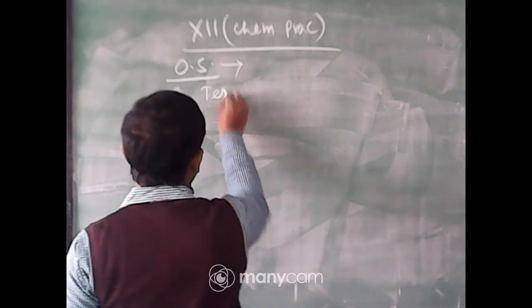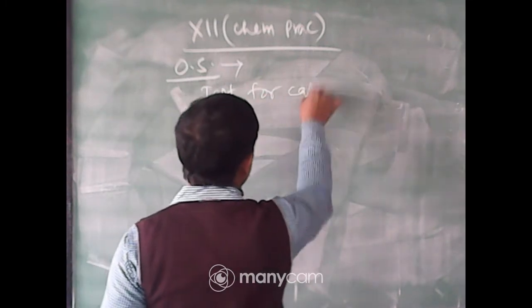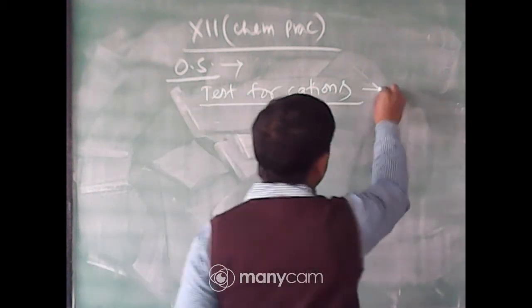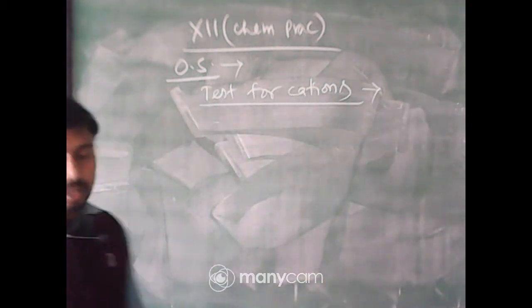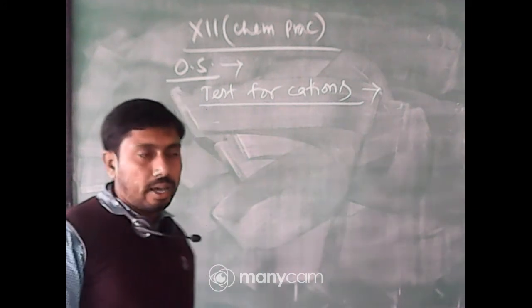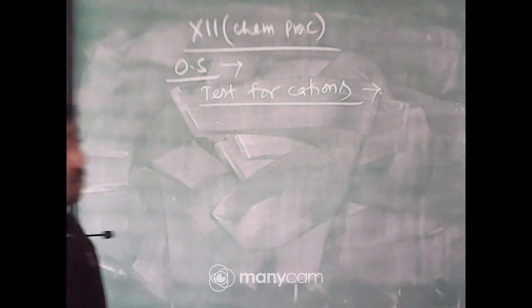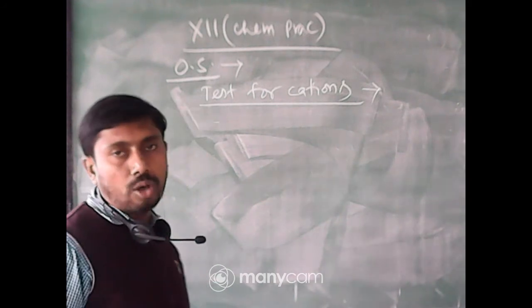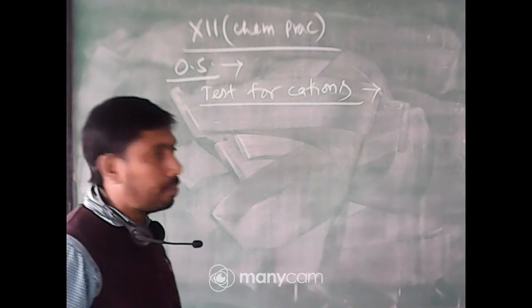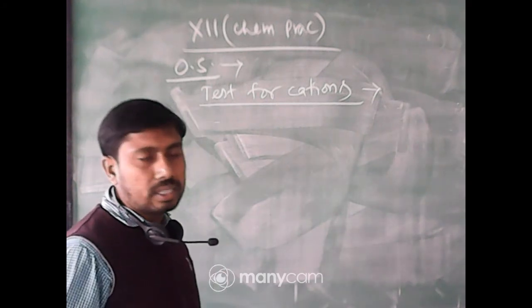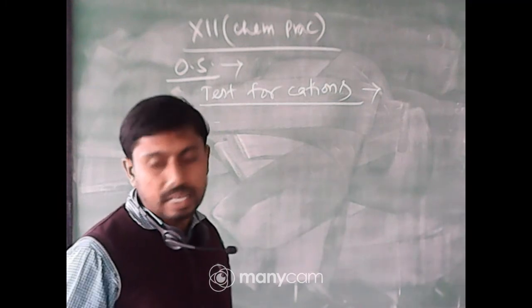Then test for cation. For zinc, it is a bluish white type PPT using the same reagent. Okay, so for iron and zinc there are similar colors, and also copper, using the ferrocyanide. Copper gives a chocolate brown colored PPT, but copper carbonate or copper acetate may be used as a sample.